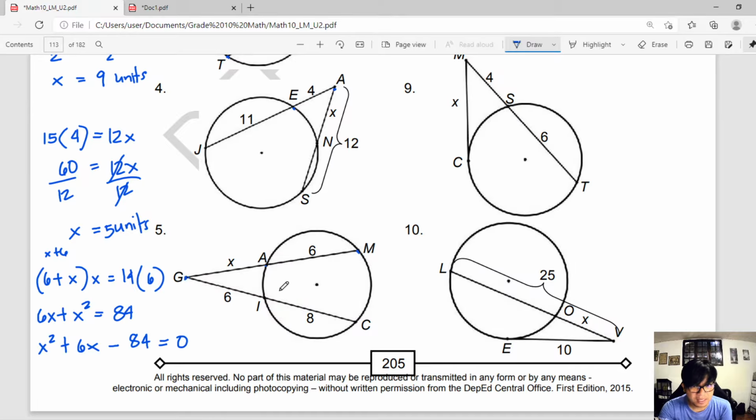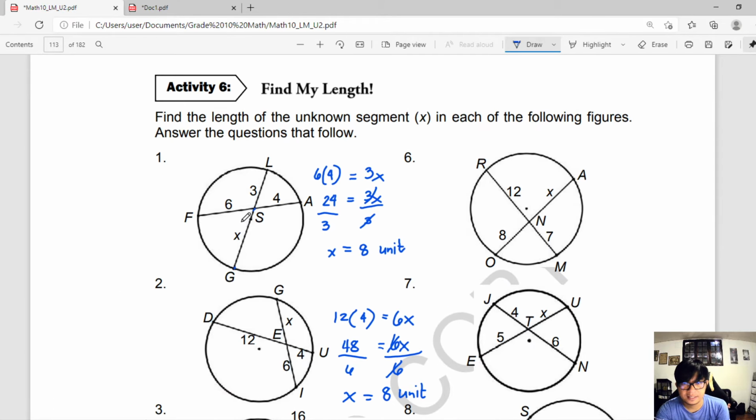This means the measure of this one is 6.68. Okay, let's proceed with number 6.